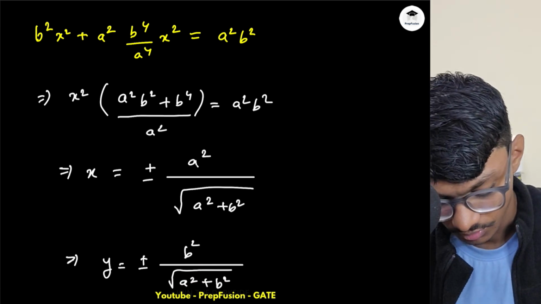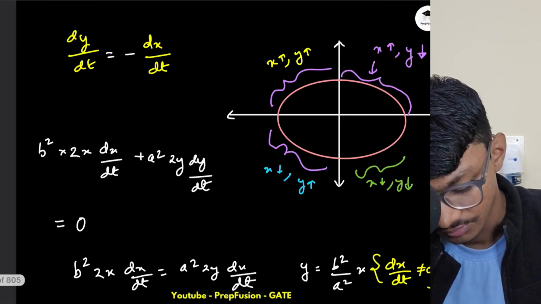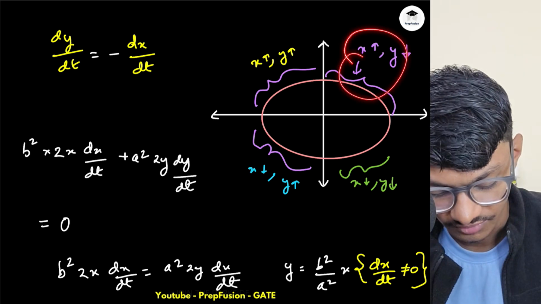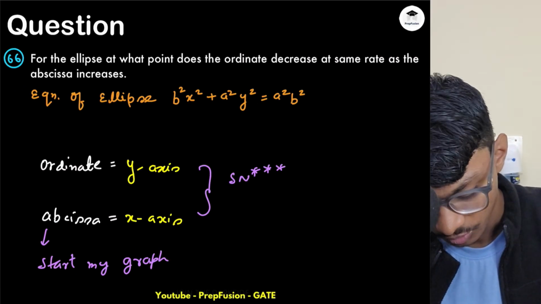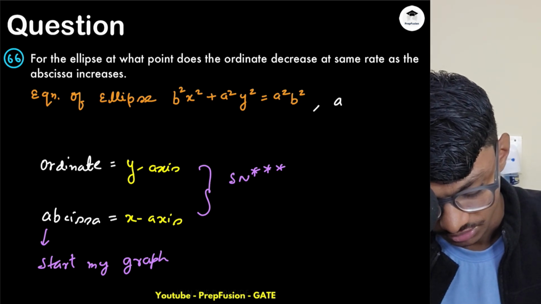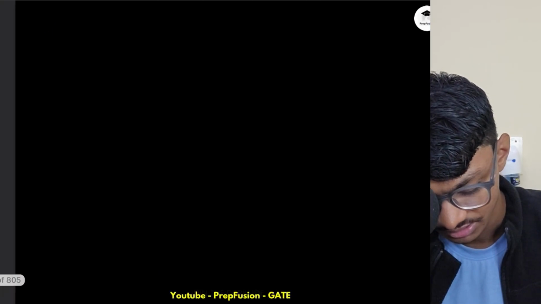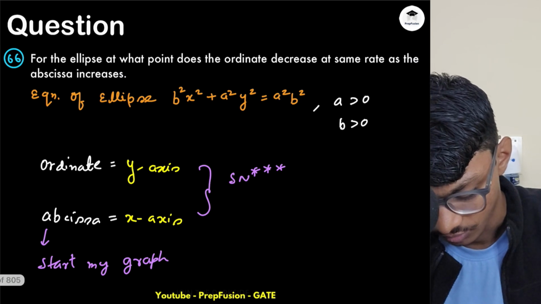Now which points will you take? I have already established that both rates should be of opposite signs. So in the first quadrant and second quadrant, that is possible. So what I will assume is that a and b both are positive. Anyways, this doesn't matter because I have a whole square over here.